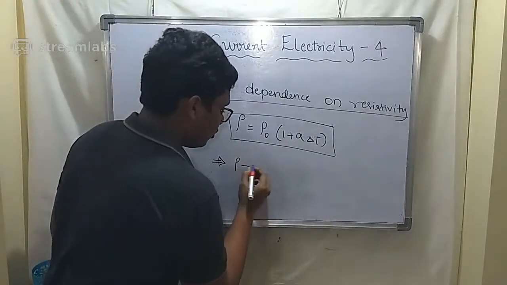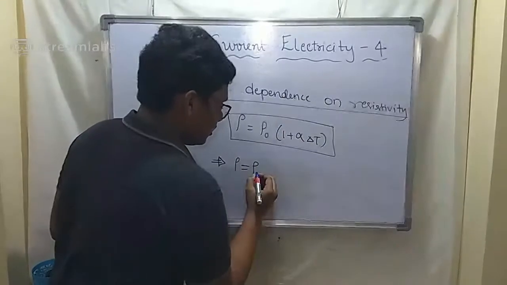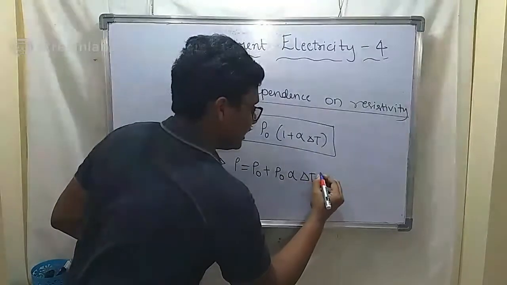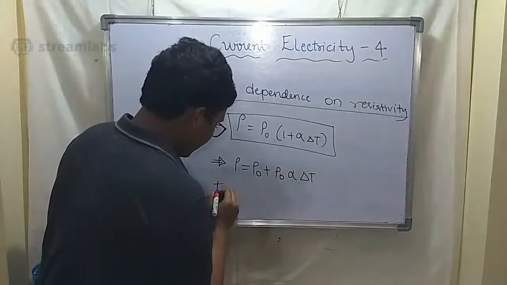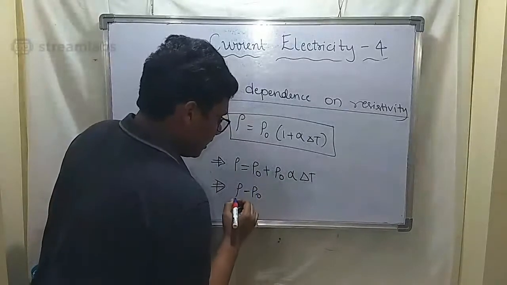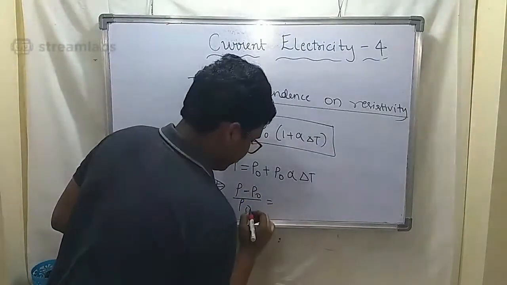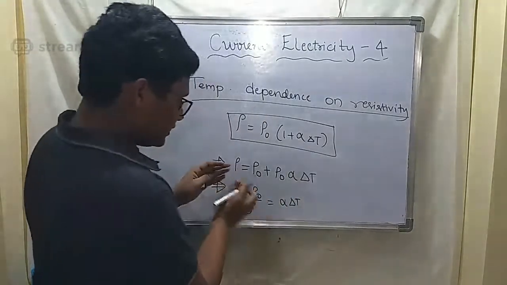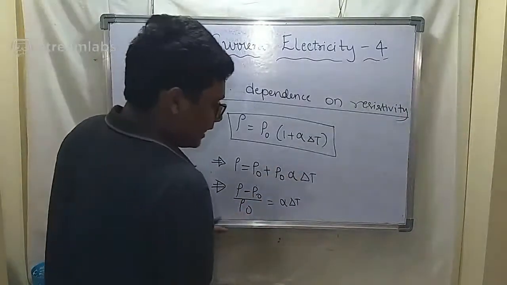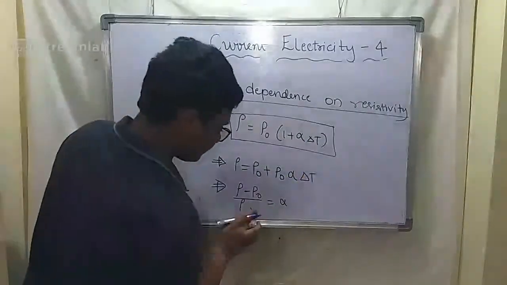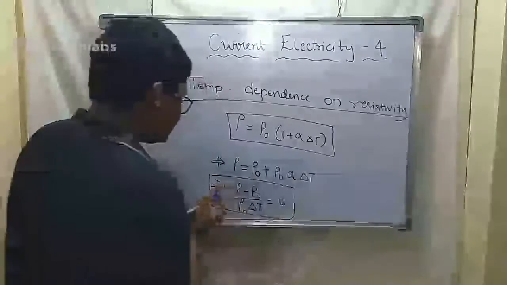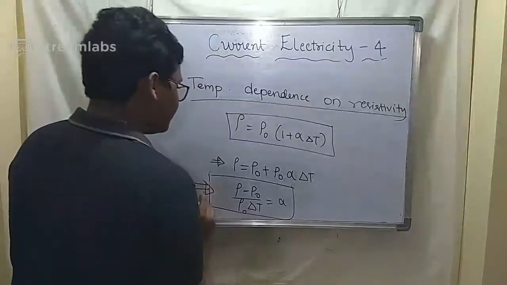rho is equal to rho naught plus rho naught into alpha into delta T, and here we will get (rho minus rho naught) by rho naught is equal to alpha into delta T. Transferring rho naught and delta T to this side, we will get alpha, the temperature coefficient.